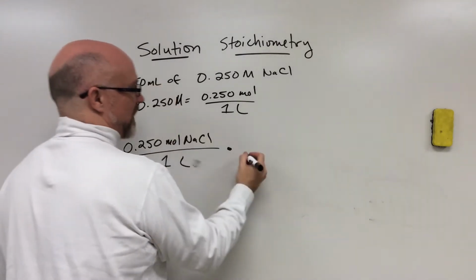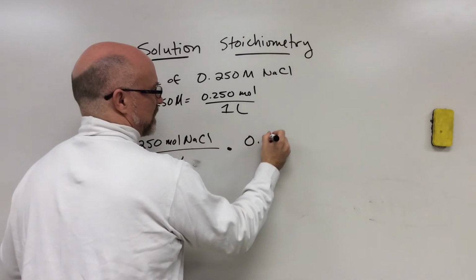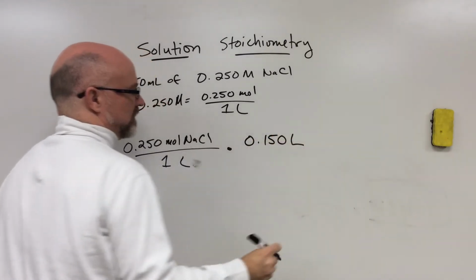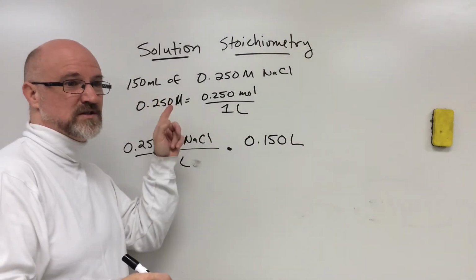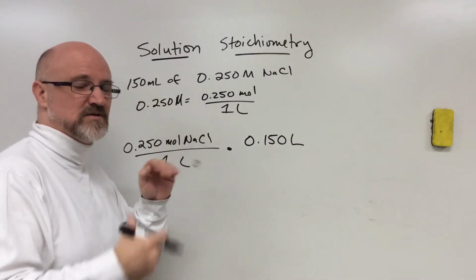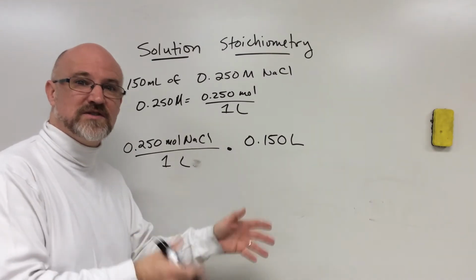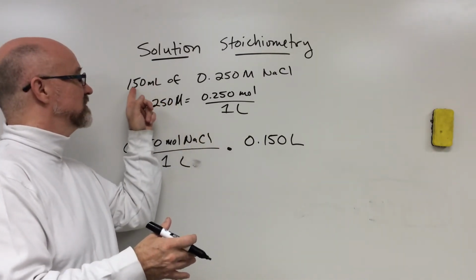So I take the volume in liters, because this is liters. So how did I get there? Well, there are 1,000 milliliters in a liter, so that's 3 places.